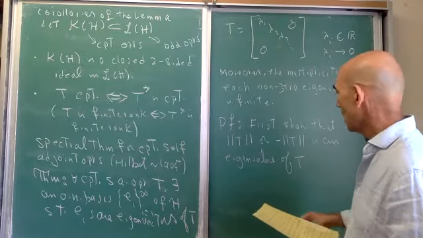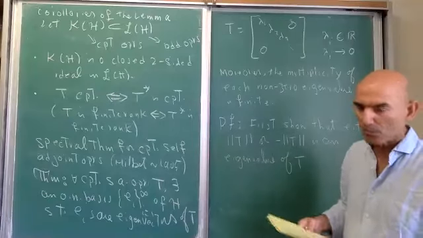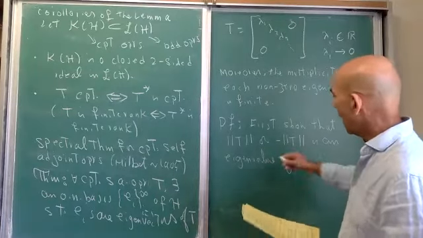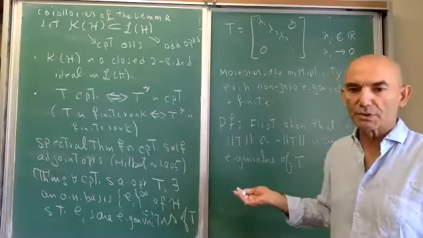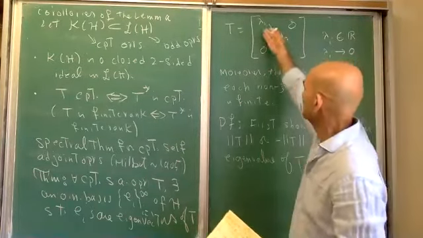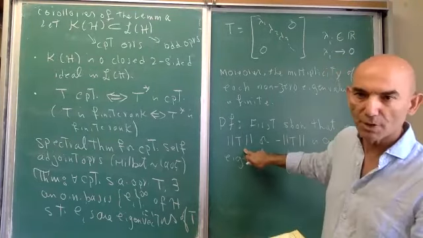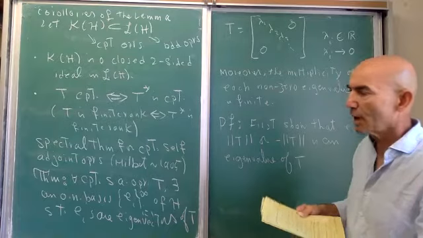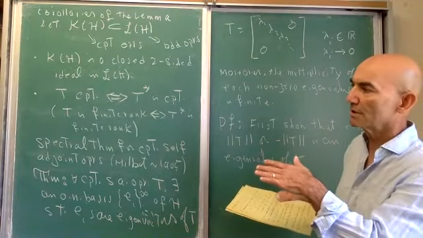Why? Let me convince you that if you prove this, then you're done. Either the norm of T is equal to 0, in that case T is equal to 0, so there is nothing to prove. Or the norm of T is not 0, in that case you have a non-zero eigenvalue with finite multiplicity.